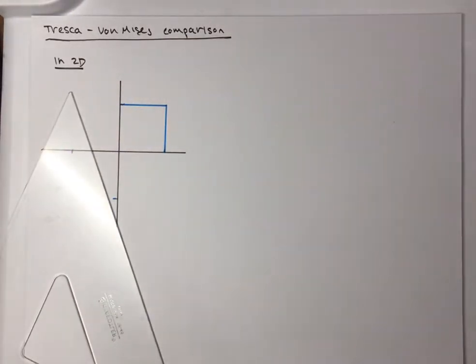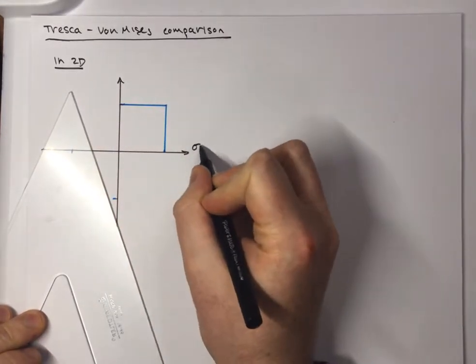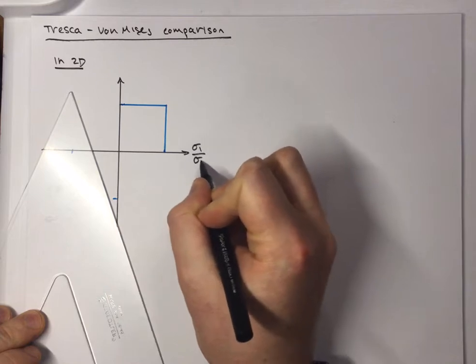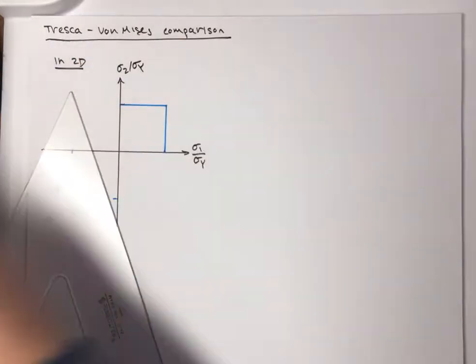Remember, we're now talking about a principal stress space. So this is going to be sigma 1 over sigma y. This is going to be sigma 2 over sigma y.